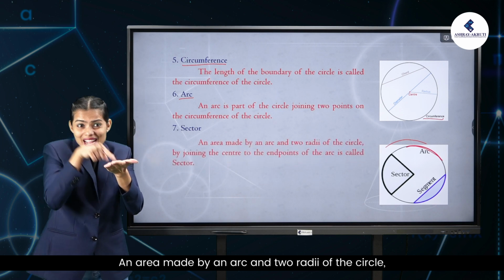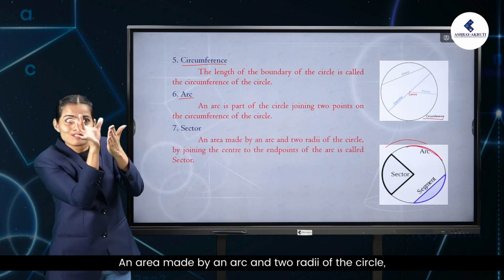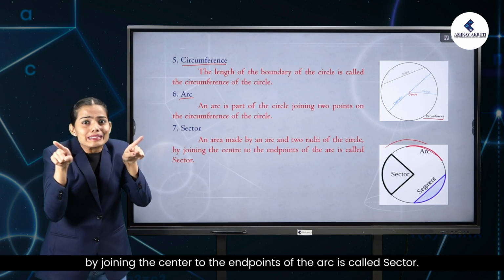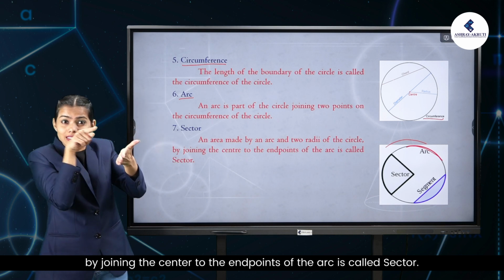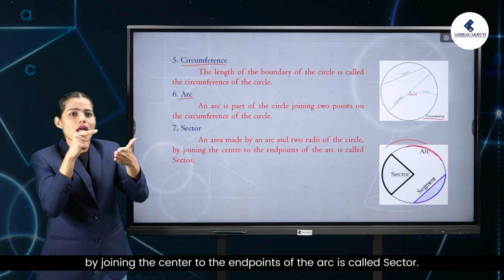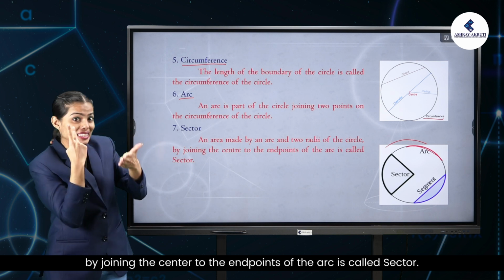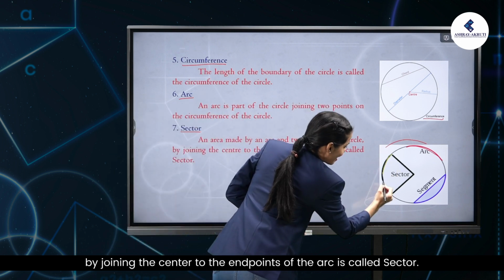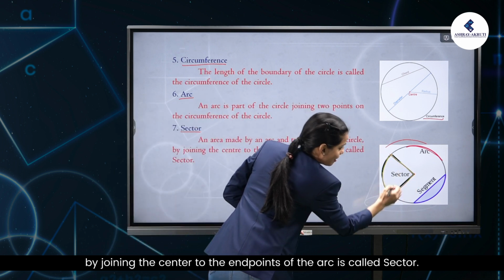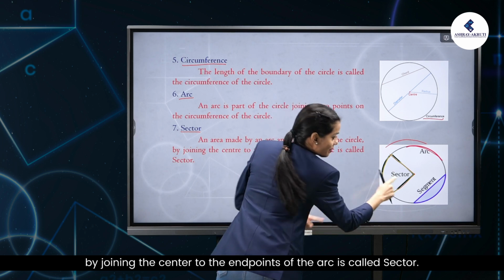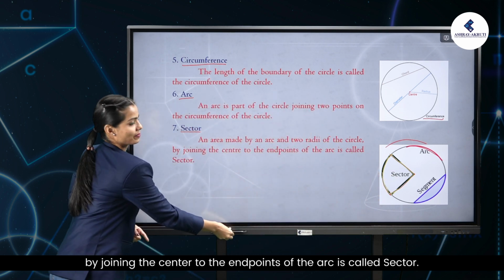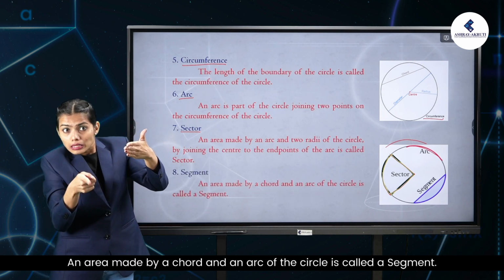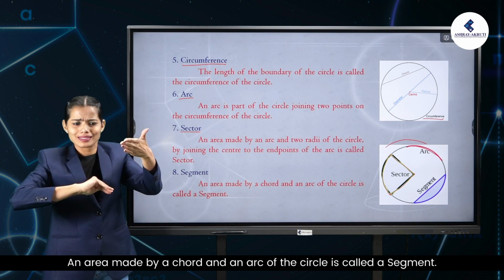An area made by an arc and 2 radii of the circle by joining the center to the end points of the arc is called sector. Segment. An area made by a chord and the arc of the circle is called a segment.